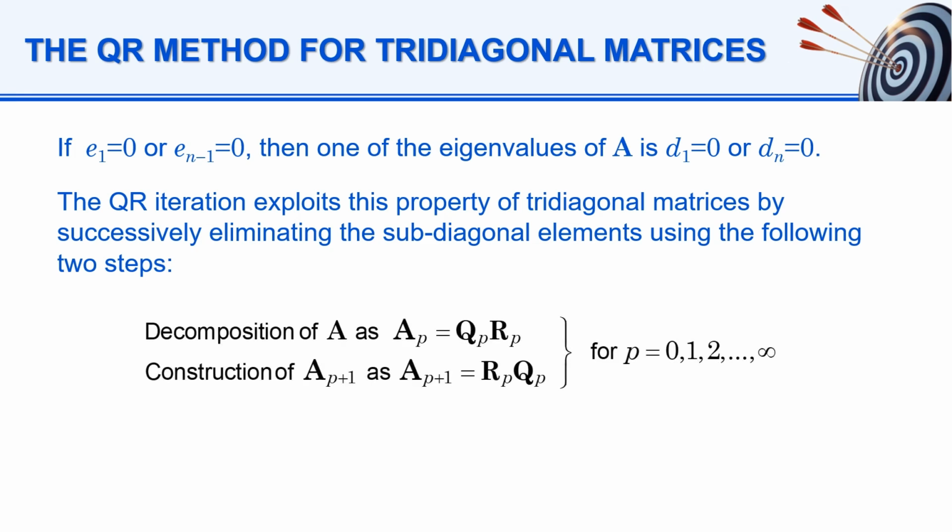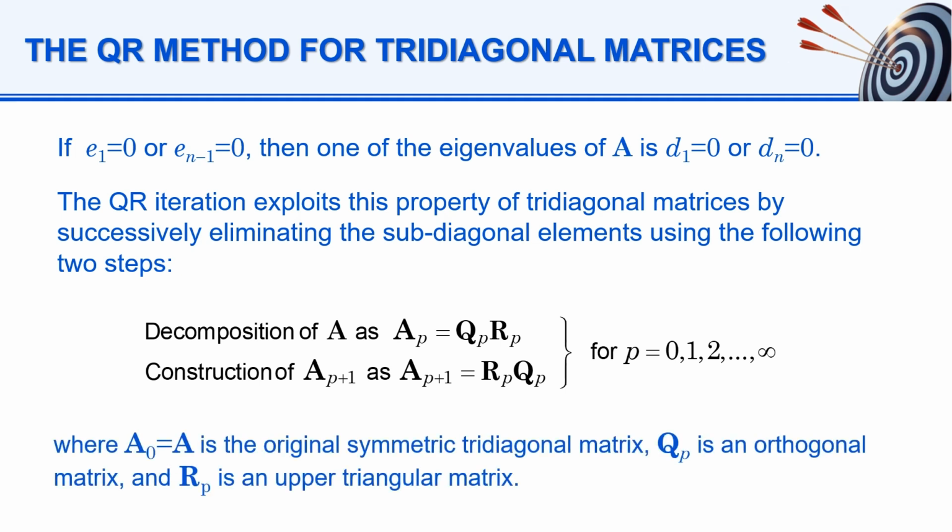Matrix A is decomposed at every pth iteration step as A^p equals Q^p R^p, and the matrix A^(p+1) is constructed as R^p Q^p, where A^0 equals A is the original symmetric tridiagonal matrix. Q^p is an orthogonal matrix, and R^p is an upper triangular matrix.